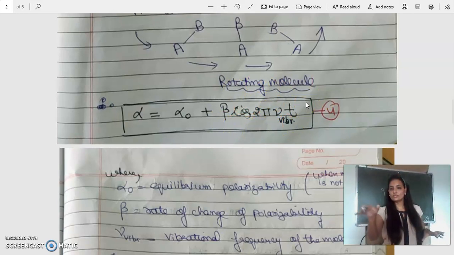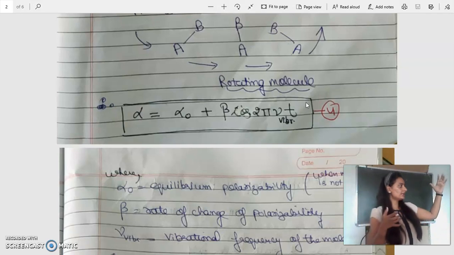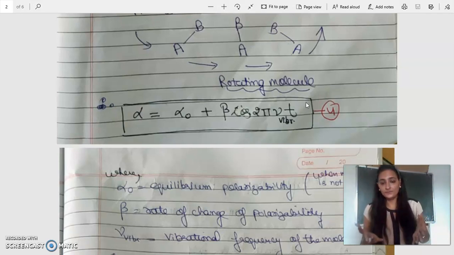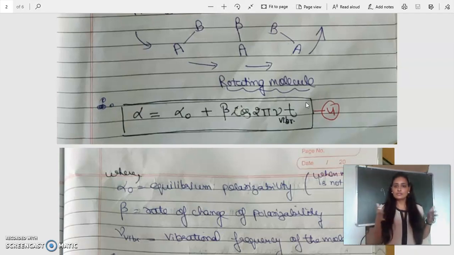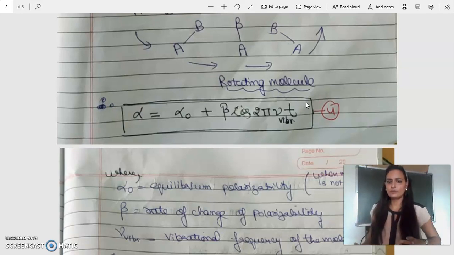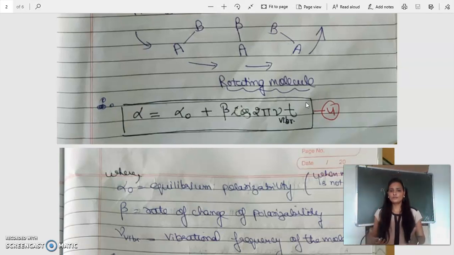Here mu vibrational means the frequency with which the molecule starts vibrating when the oscillating electric field falls on it; it starts moving with some frequency, and that is the vibrational frequency. Alpha naught is the equilibrium polarizability, meaning when the molecule is not vibrating.